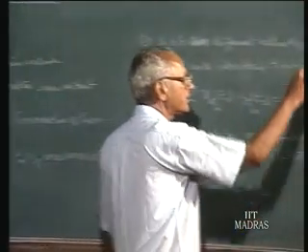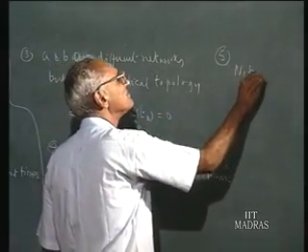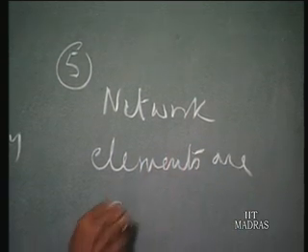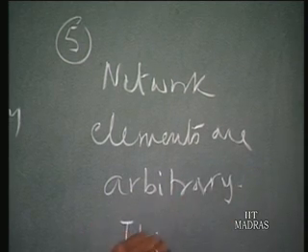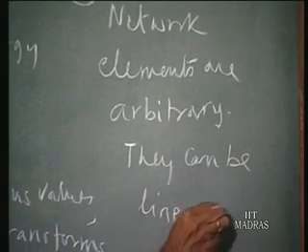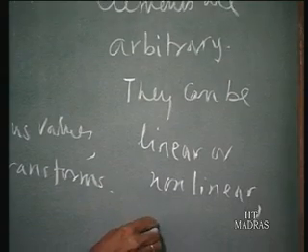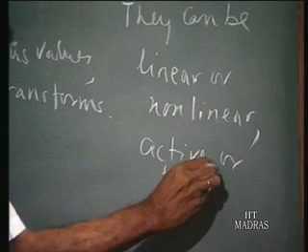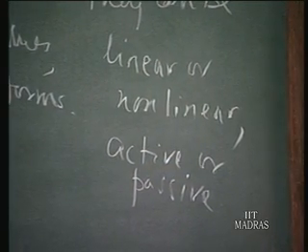And another important feature is the network elements are arbitrary. They can be linear or non-linear, active or passive, reciprocal or non-reciprocal, whatever it is, absolutely no restriction on the network elements.